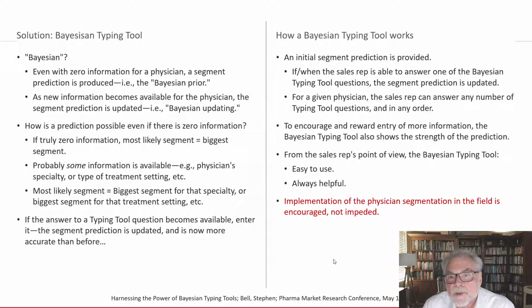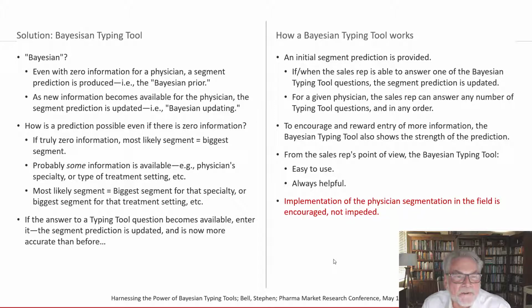The Bayesian typing tool reports out a strength of prediction score to encourage and reward the sales rep's entry of more information. And from the sales rep's point of view, in comparison to conventional typing tools, the Bayesian typing tool is easy to use, and it's always helpful. You're never fighting it. It's always telling you something, and if you know more, it can tell you something even better.